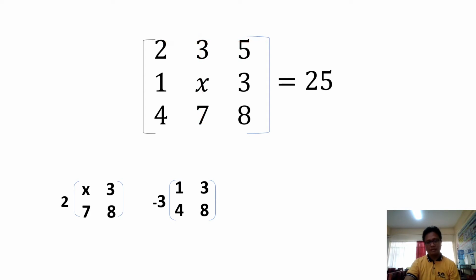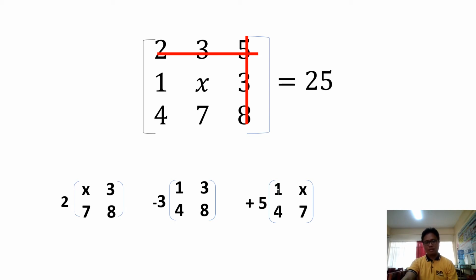Then our third 2 by 2 matrix would be, cover the first row and the third column. So this is just a technique on how to generate 2 by 2 matrices from our 3 by 3 matrix. So our third matrix is 1, x, 4, 7, and this is equal to 25.